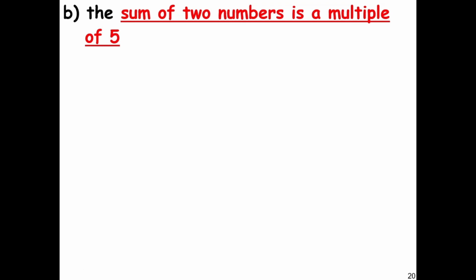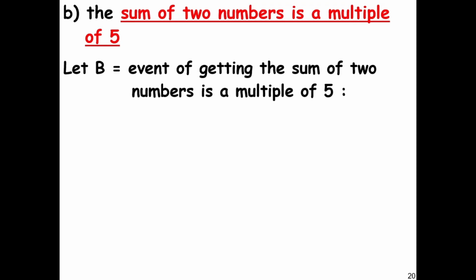Part B, find the probability that the sum of the two numbers is a multiple of 5. Once again, the multiples of 5 are 5, 10, 15, and so on. So we begin with letting B be the event of getting the sum of the two numbers as a multiple of 5.